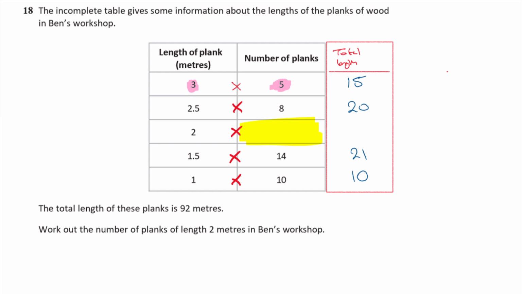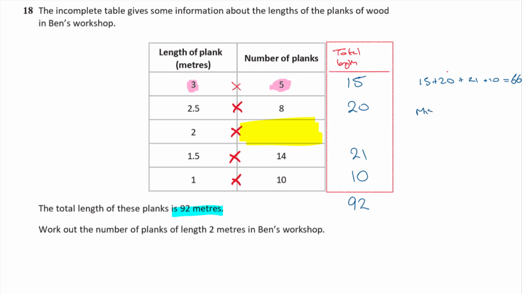Now I know that these should all add up to 92 meters. So the total here should be 92. But what does it add up to? 15 plus 20 plus 21 plus 10. That actually adds up to 66. So we've got some missing wood here, haven't we?